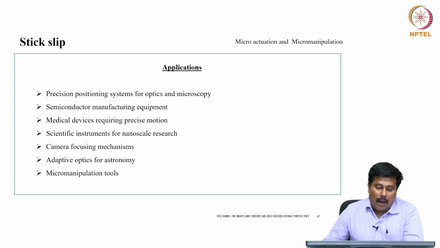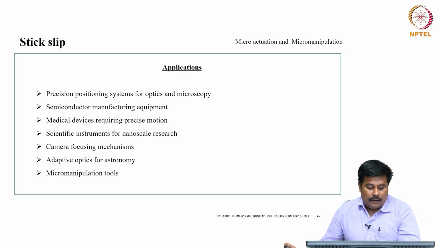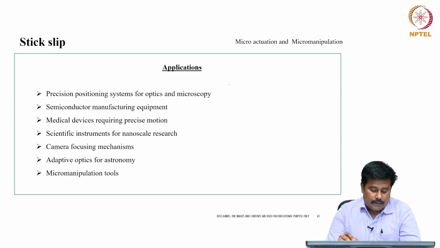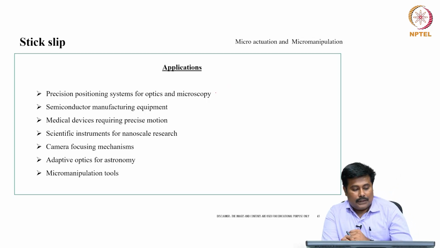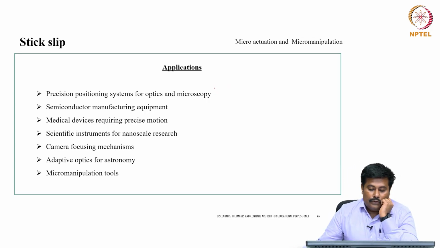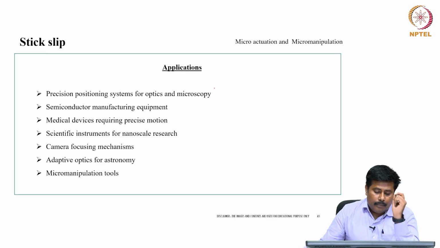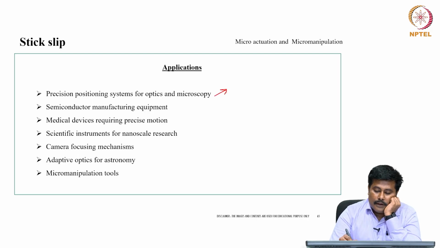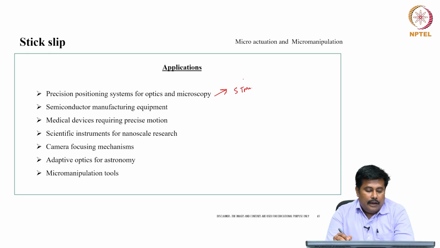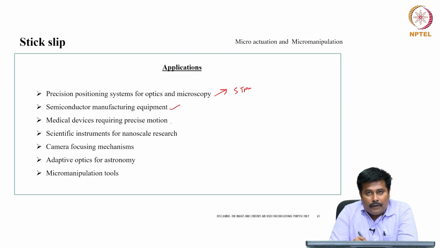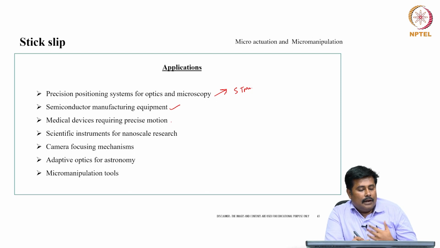With reference to applications, stick slip based actuators are efficiently used in precision positioning systems for optics and microscopy. As mentioned, it was used for the scanning tunneling microscope. It is effectively used for semiconductor manufacturing equipment, and also for medical devices requiring precise motion.